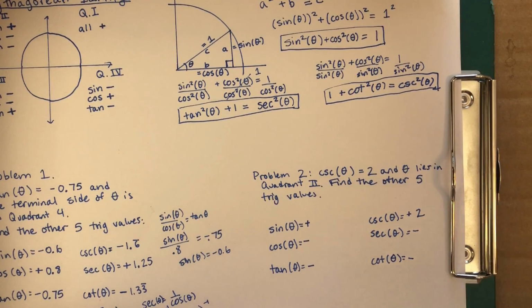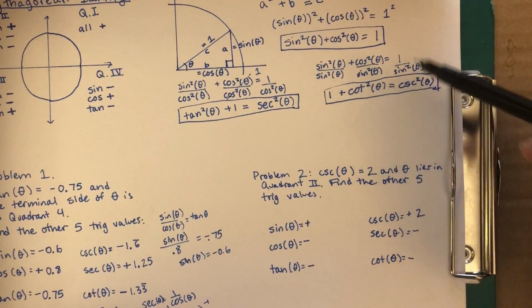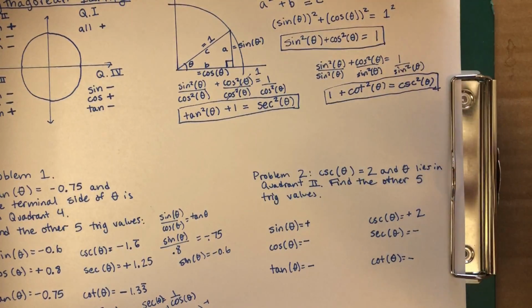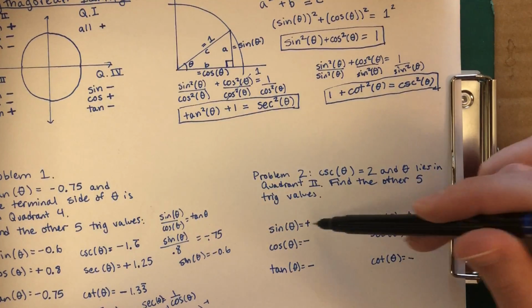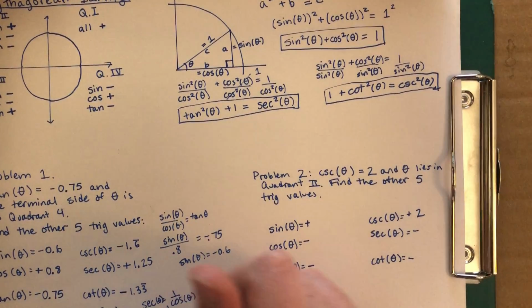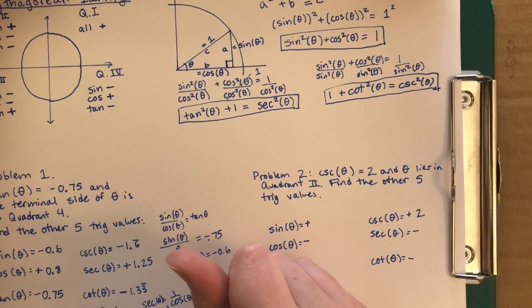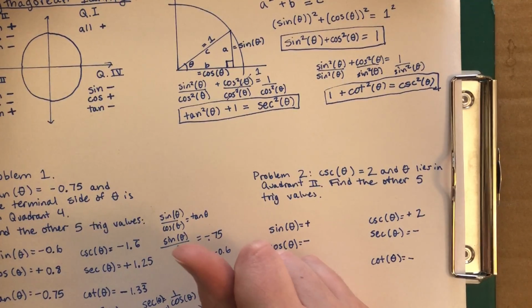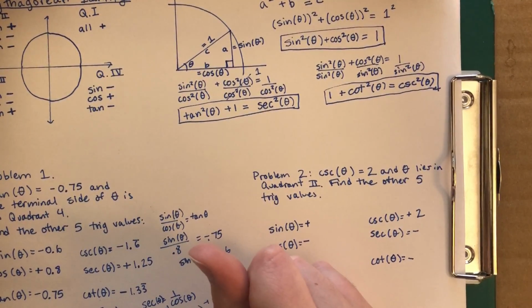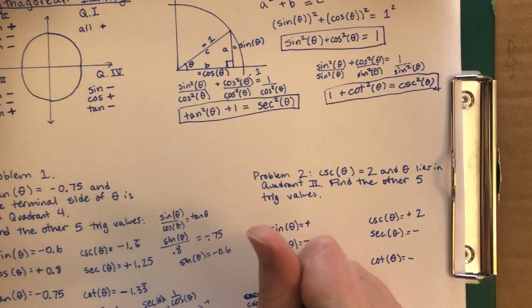I could use this formula, but to be honest, I find it kind of confusing. I'm a lot more familiar with the sine and cosine one. So I'm first going to use the relationship that cosecant is 1 over sine.